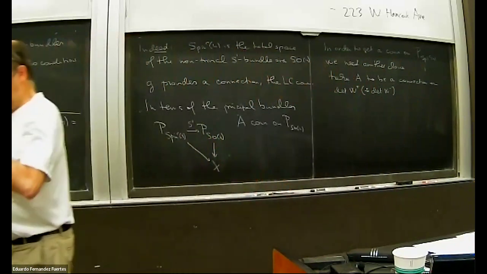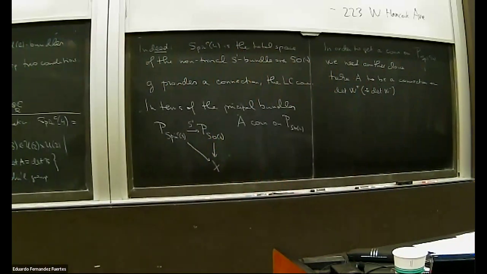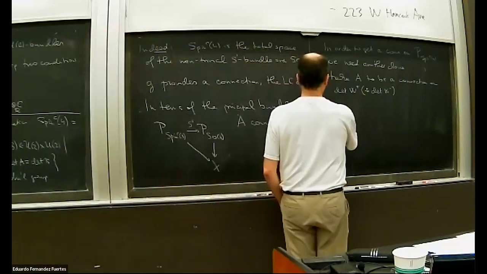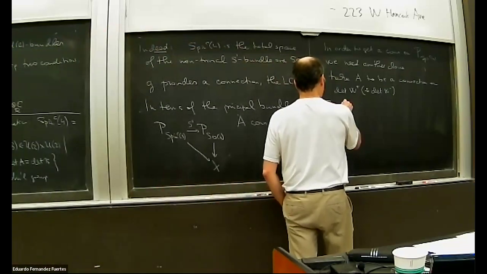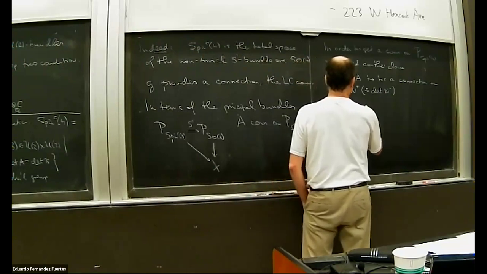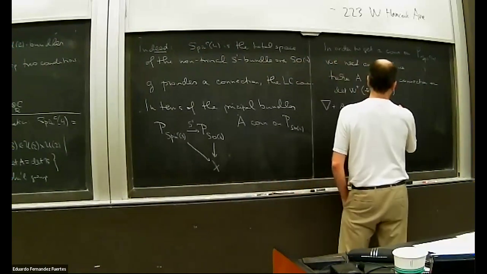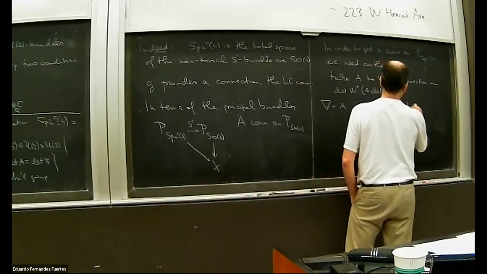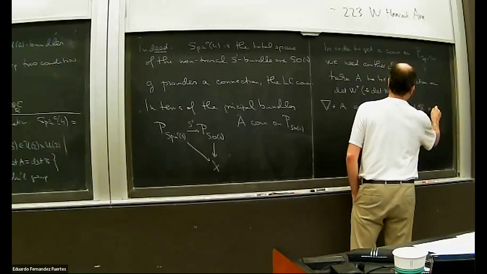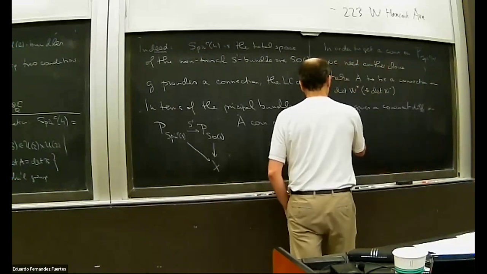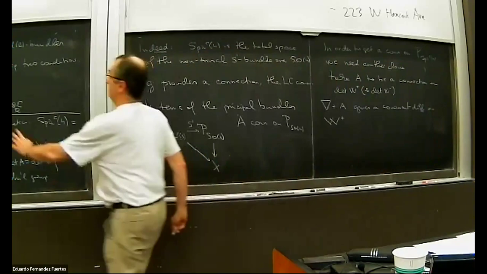So these are now the ingredients we have, and now we are ready to actually write down this mysterious PDE, and it goes as follows. The Levi-Civita plus this A gives a covariant differentiation on W plus, this associated bundle.